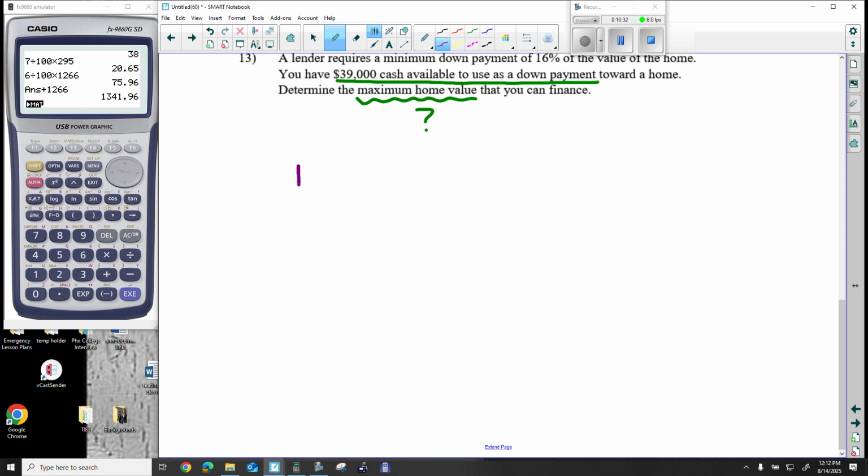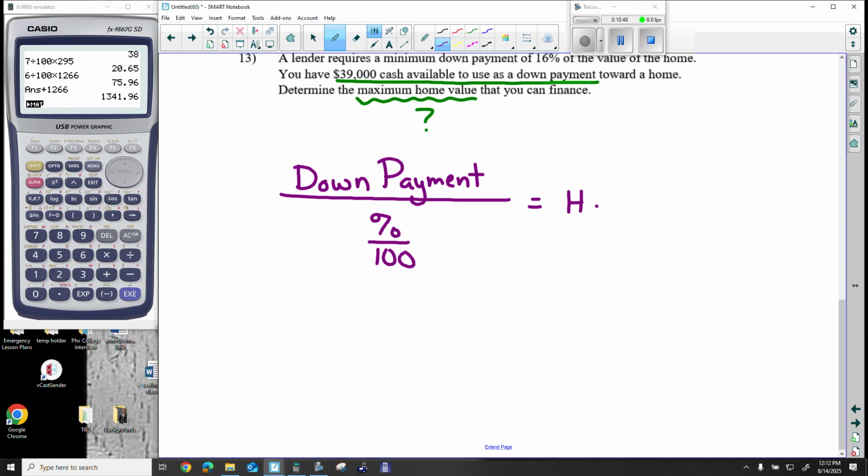So what that said is the down payment, aka cash money, divided by the percentage that I could use for the down payment, and that's going to be equal to the home value. So away we go.